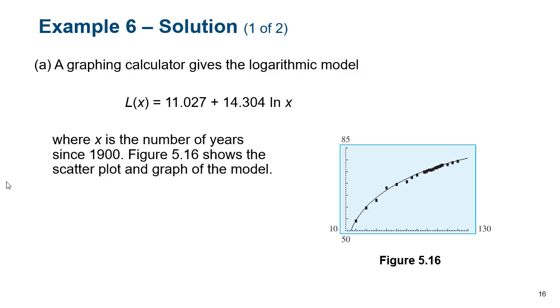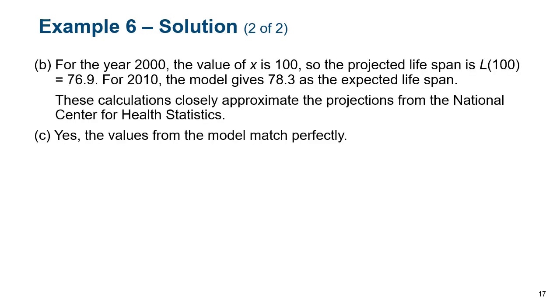Now, using that model, we can plug things in to answer part B. So for the year 2000, the value would be 100, because remember, x equals 0 was 1900. So we plug 100 into that function, and we get 76.9. 2010 means we plug in 110, we get 78.3. And these are pretty close to their projections.